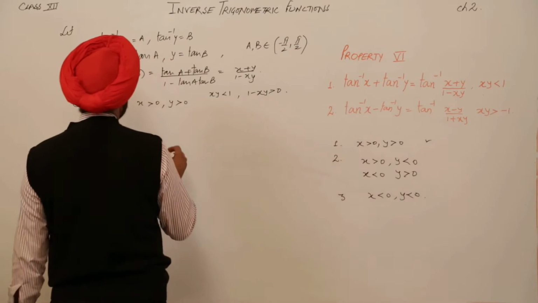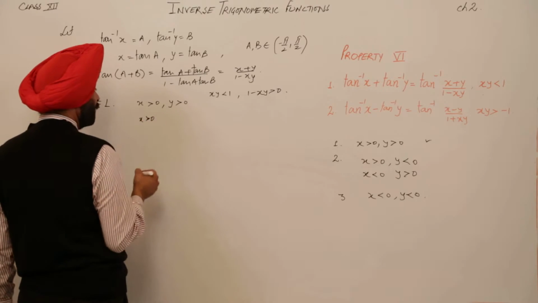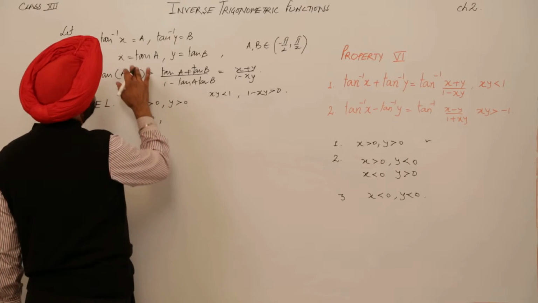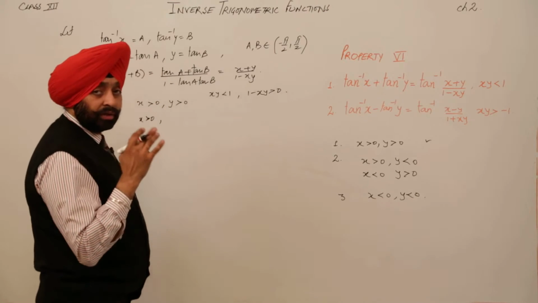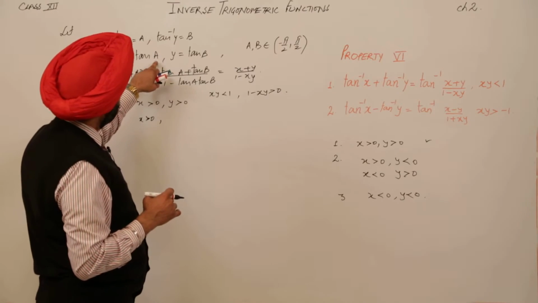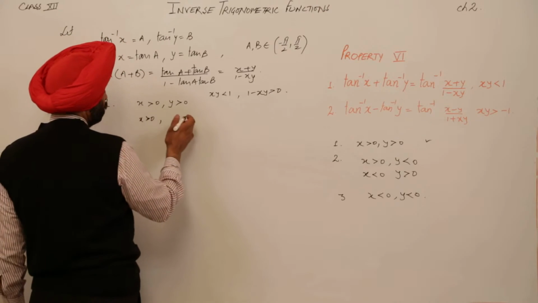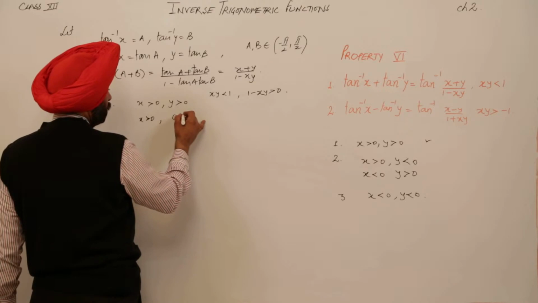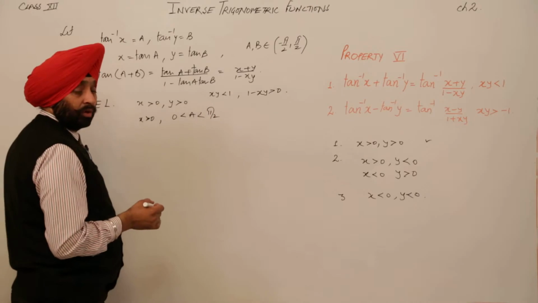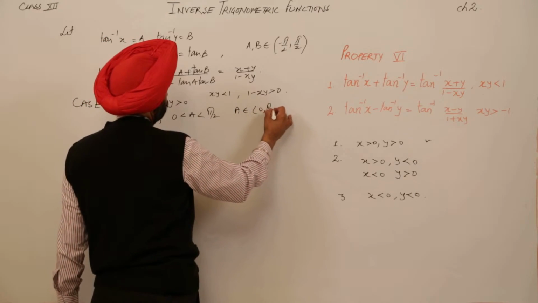When x is greater than 0, we have taken x equal to tan A. So A will be 0 less than A less than pi by 2, because here A belongs to (0, pi by 2).